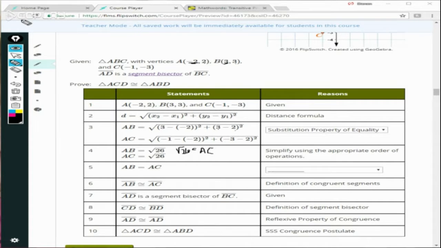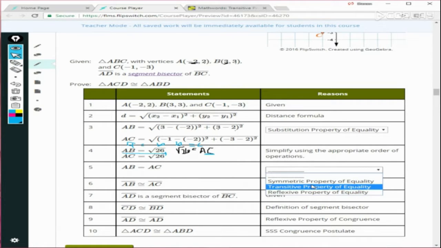So then if we were to use our transitive property, it would flow that AB equals the square root of 26, like they were saying, A equals B, and then B would equal C. So then the square root of 26 equals AC. So then they're saying that A can equal C, so that AB equals AC. That's what statement 5 is. So it is our transitive property.